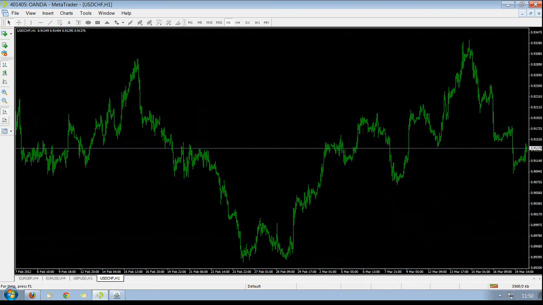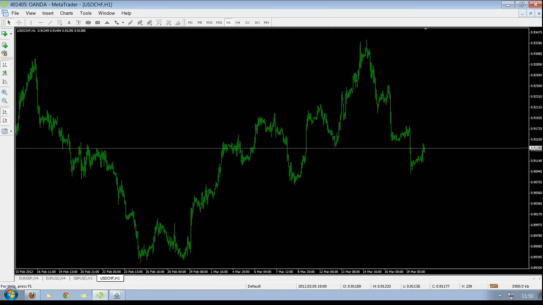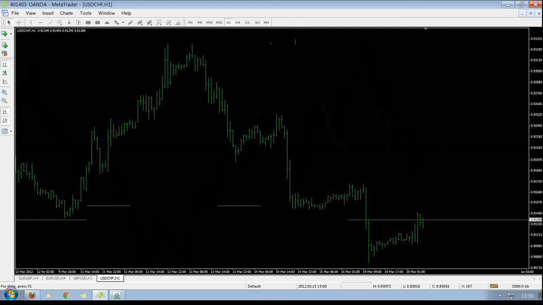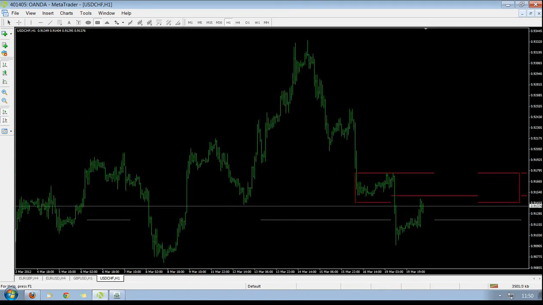Okay, so if we look, we've got our BCB structure, right? And that consolidation itself is a little bit messy, right? But the only thing which is going to change our mind about what's going on here in relation to dollar Swiss is if the price is able to break above that last consolidation area.